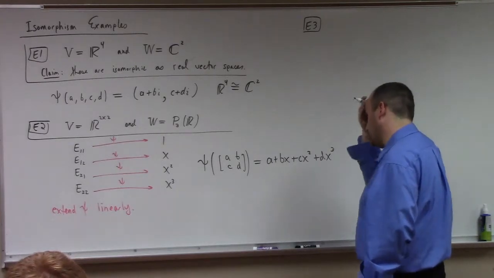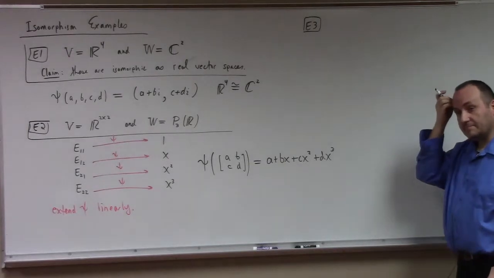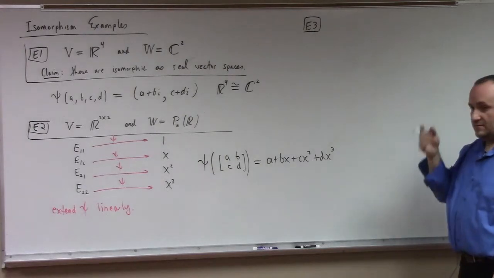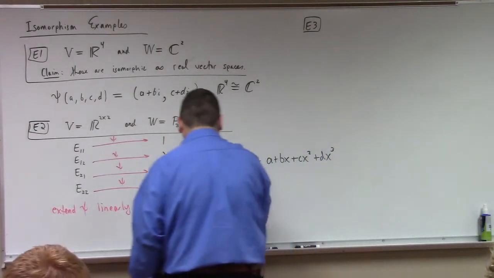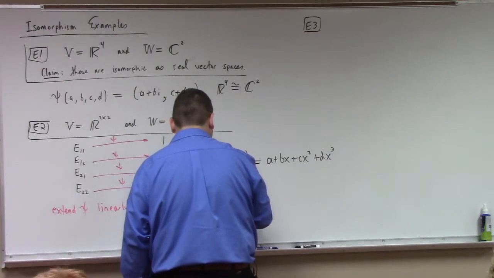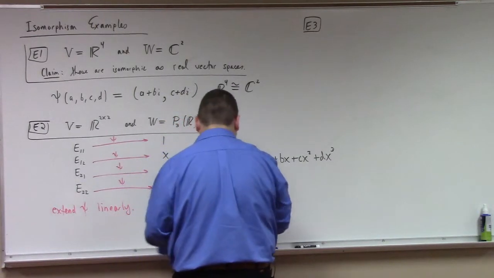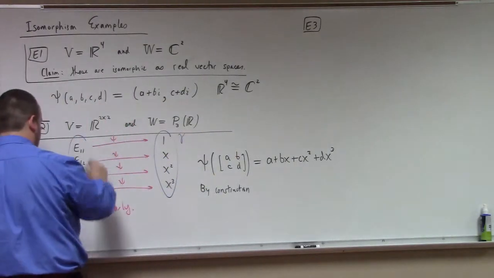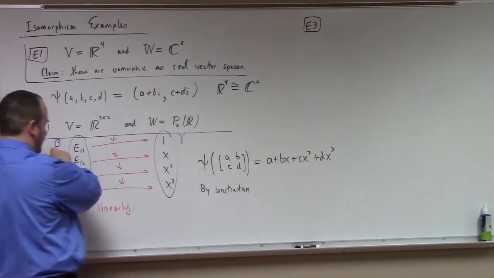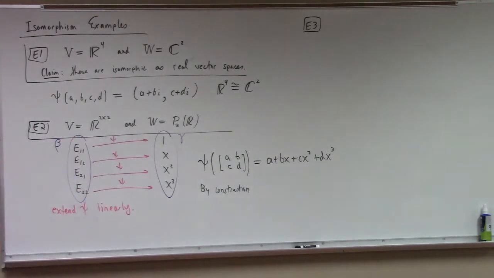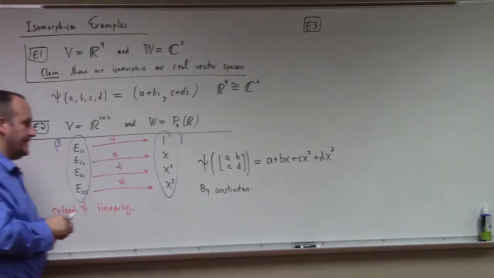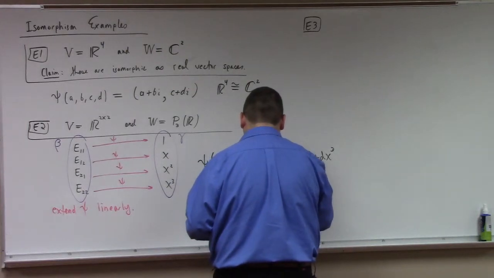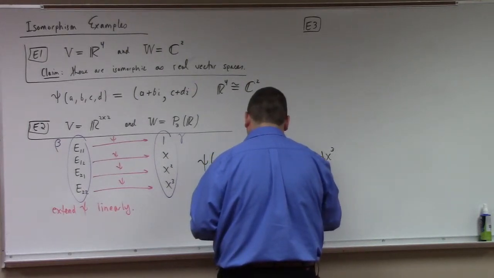Why is this surjective? By construction, let me give all of these a name. Let's call these gamma. Let's call the set of all these in that order beta. So it's basis beta, basis gamma, all right? So by construction, gamma is a subset of the image of psi, right?